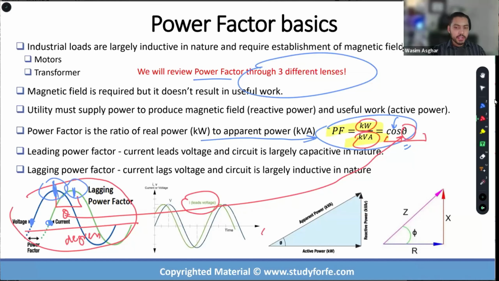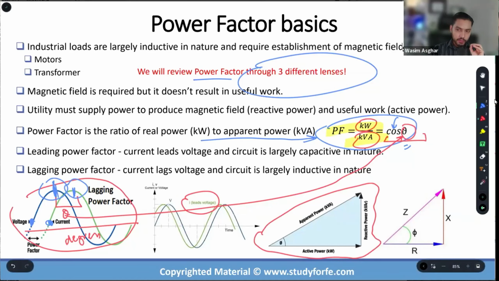The other way to look at it is by means of your power triangle. Those of you who are preparing for the FE electrical, in the reference handbook, they mention the power triangle. Those of you who are preparing for the PE power, in the reference handbook for PE power, you're going to see that, right? So what is a power triangle? Remember I told you that this equation involves kVA in the denominator. The kVA apparent power in absolute sense is basically the magnitude of your complex power.